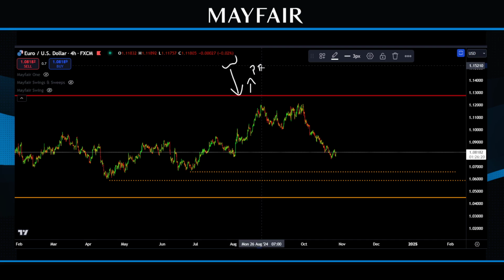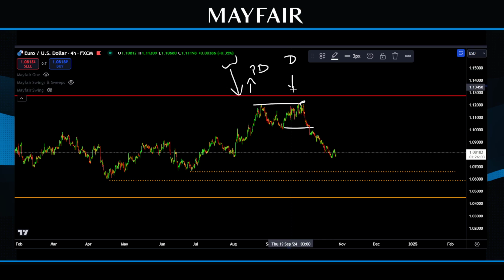Now I'm going to use the 4-hour to give me some clues as to what's happening. Now, clear as day, we swept the highs there and broke the lows here. So on my daily, I now have also a daily downtrend, right? Now I could have done this on the other time frame. I just wanted to show you that obviously you could do this two ways, okay?